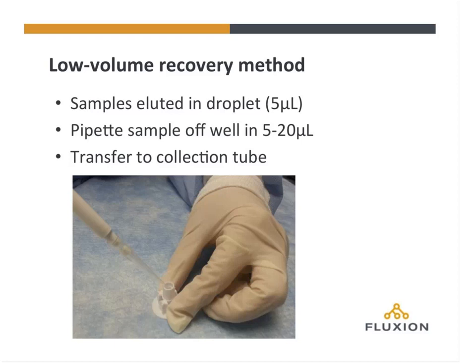And typically the pipette is just loaded with a minimal amount of media, so about 10, 20 microliters. And that's enough to transfer the entire sample off of the low volume recovery holder and immediately into a collection tube for molecular work. Now, alternatively, at this point, the samples can very easily be banked in a freezer for processing at a later date.